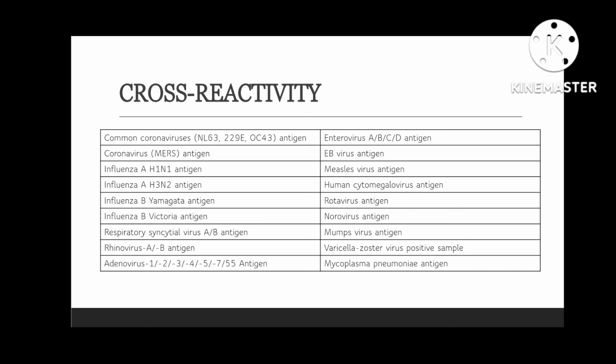For the cross-reactivity of the test kit that we will be using in our activity, the 2019-nCoV antigen test using the lateral flow method was evaluated using specimens containing the antigens listed on the screen.